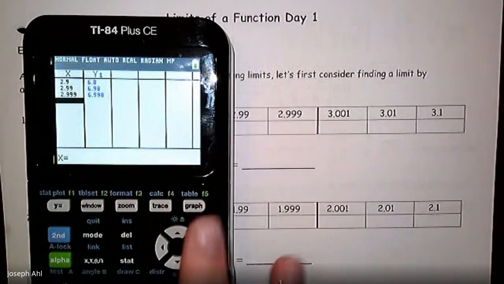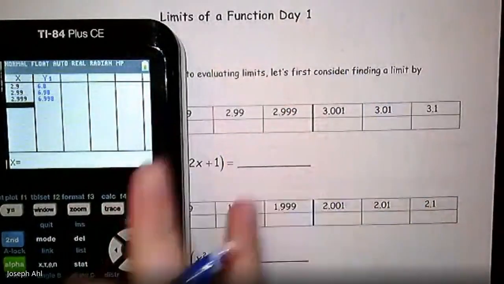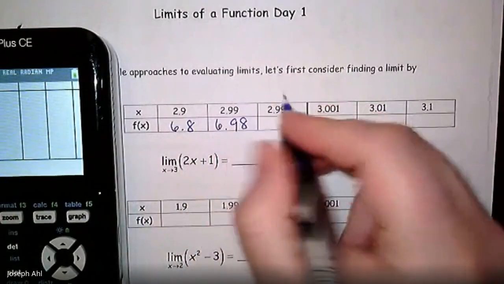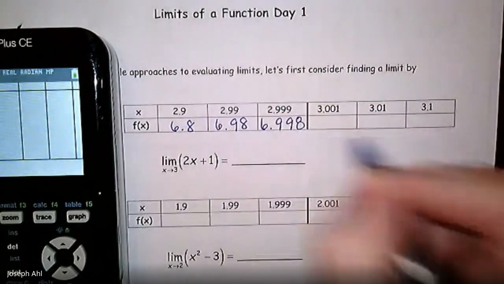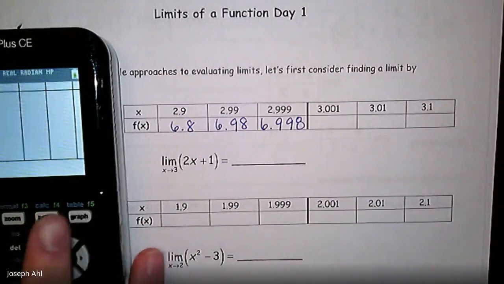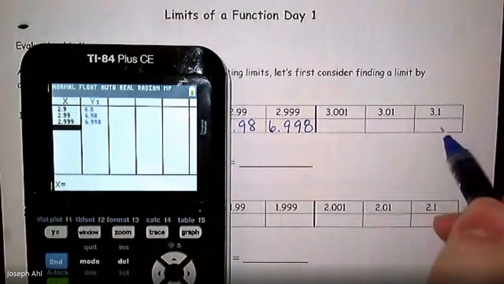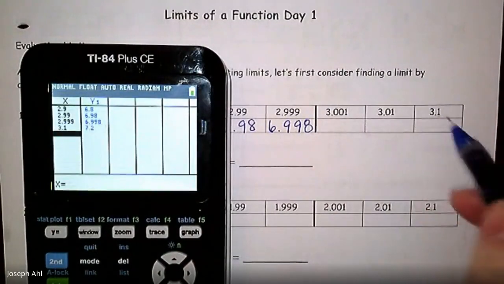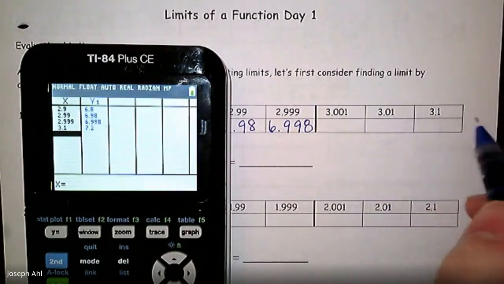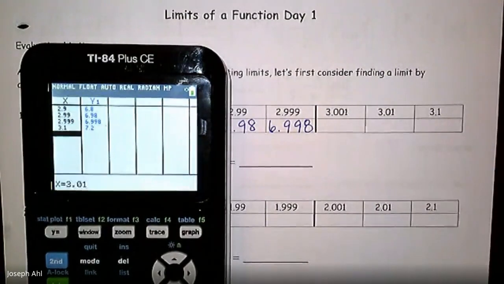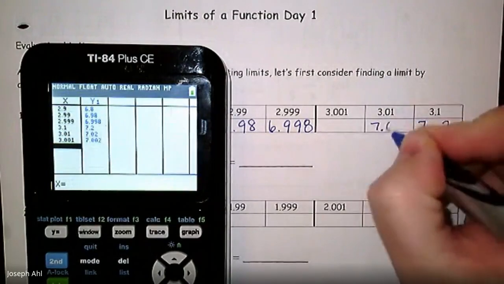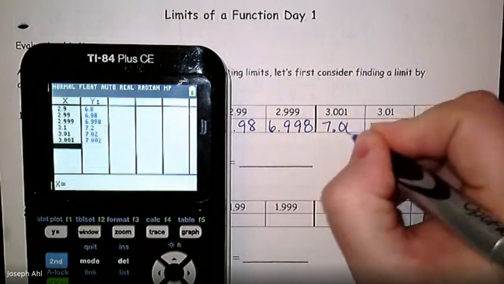So you can see that the corresponding values for f of x are 6.8, 6.98, and then 6.998. On the other side of the table, we have values like, on the far extreme to the right, 3.1. You could type them in any order, but I'm going to work my way backwards now, getting closer to 3. 3.1 and 3.01 and 3.001 to get things like 7.2, 7.02, and 7.002.